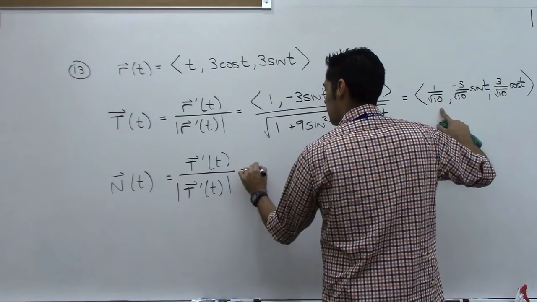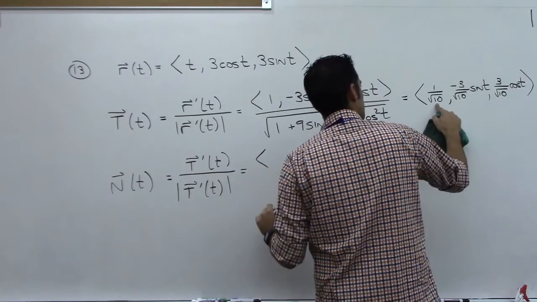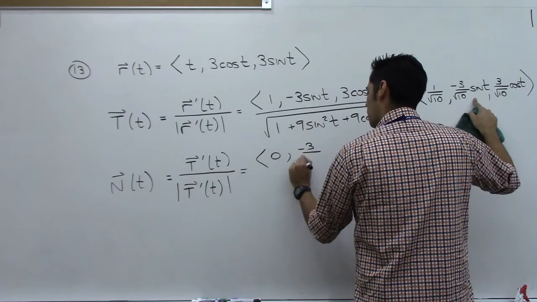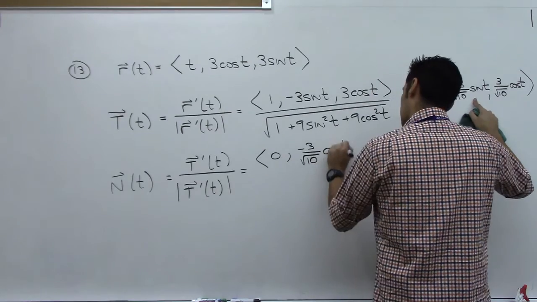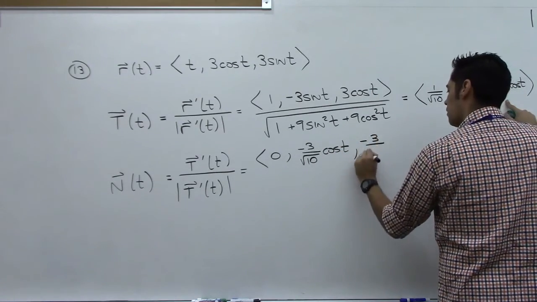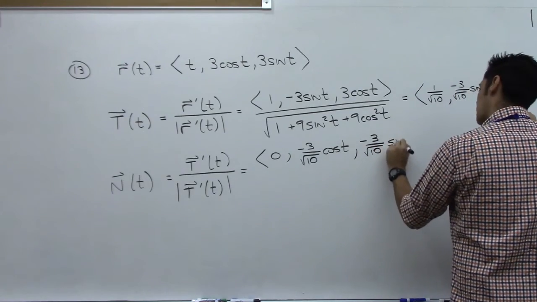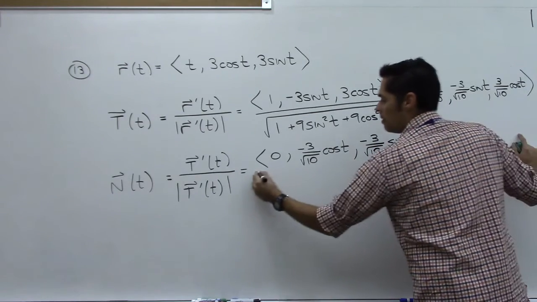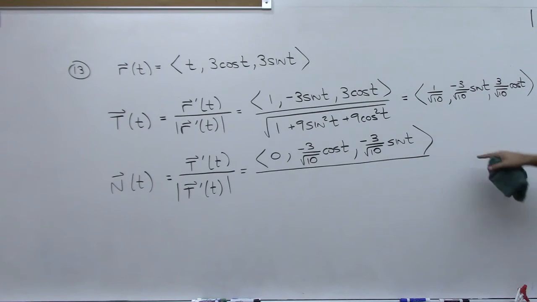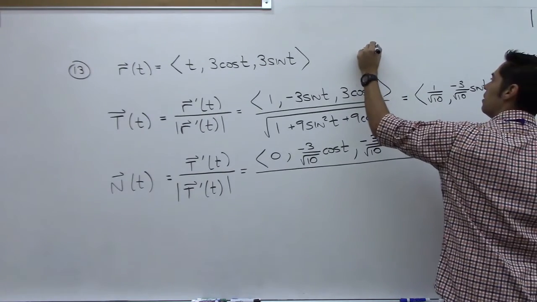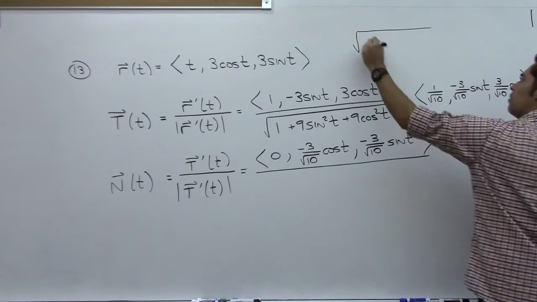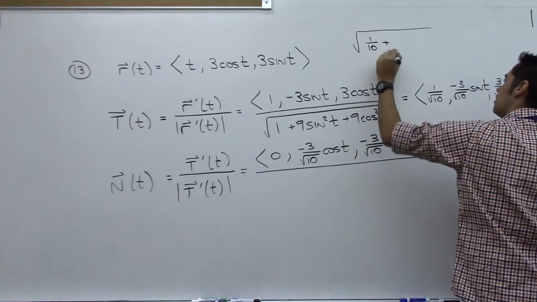The derivative on the top would be, well, that's nice, derivative of that is 0. Derivative of this is going to be negative 3 over root 10 cosine t. And then if we take the derivative of this, we get negative 3 over root 10 sine t. And we want to divide that by its own length. So we have to find the length of this. Let me do that just up here. The length of this is going to be the square root of this squared, which is 1/10, plus this squared.